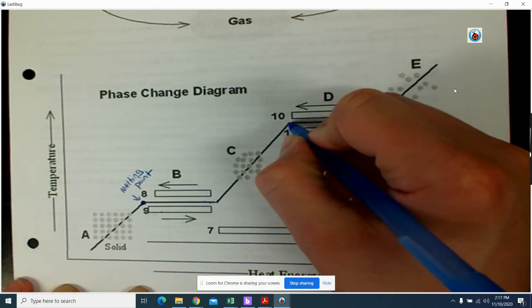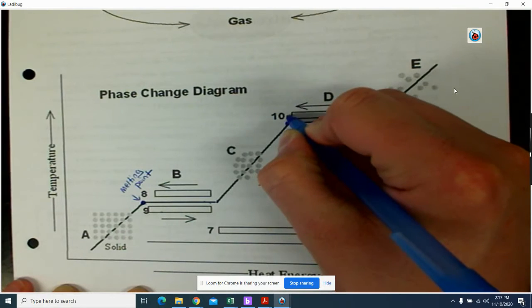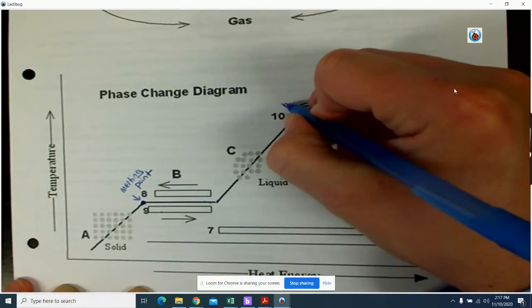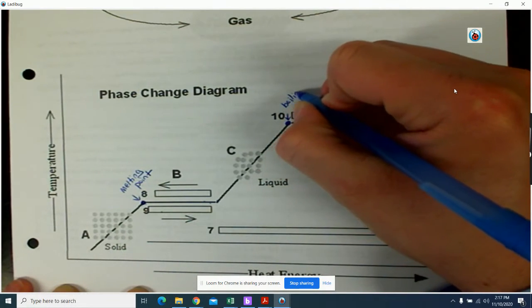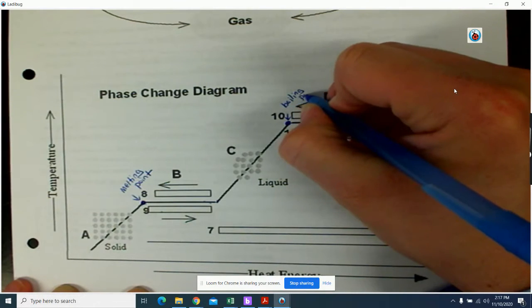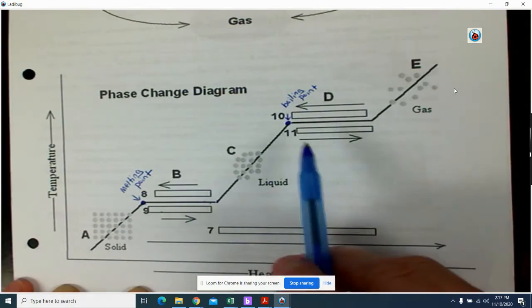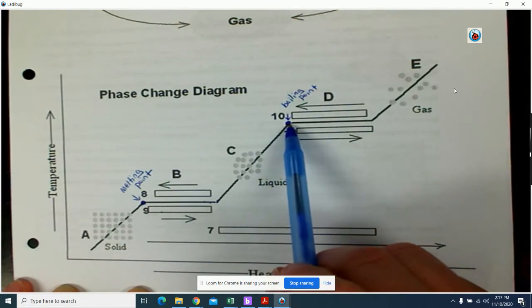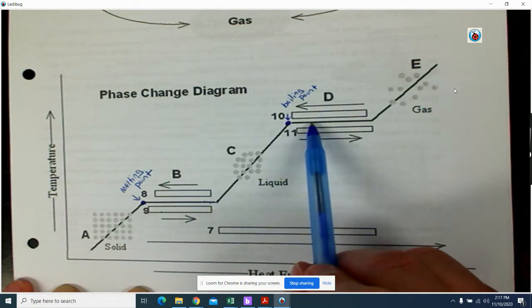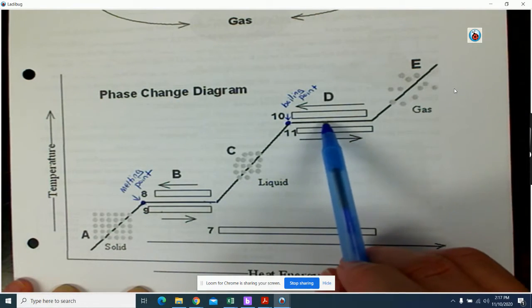We get to this point, and this is our boiling point. At our boiling point, it's a liquid, but now it's starting to boil. So it's starting to become a gas. It's boiling, breaking your bonds.